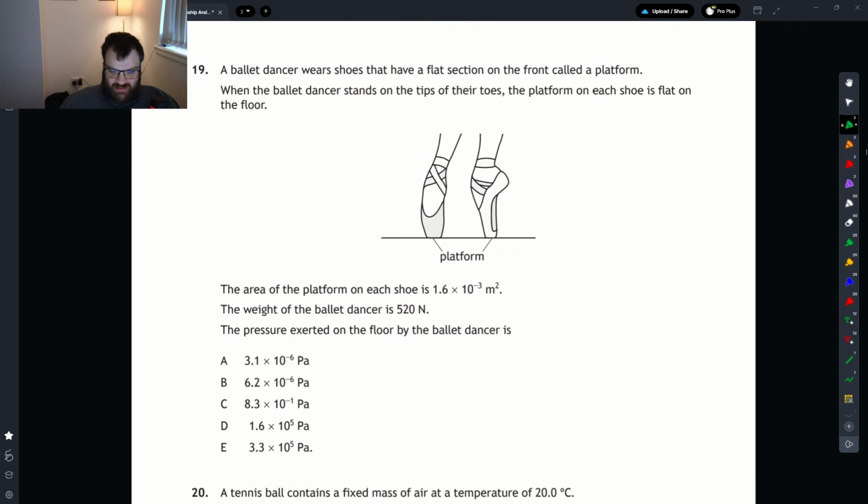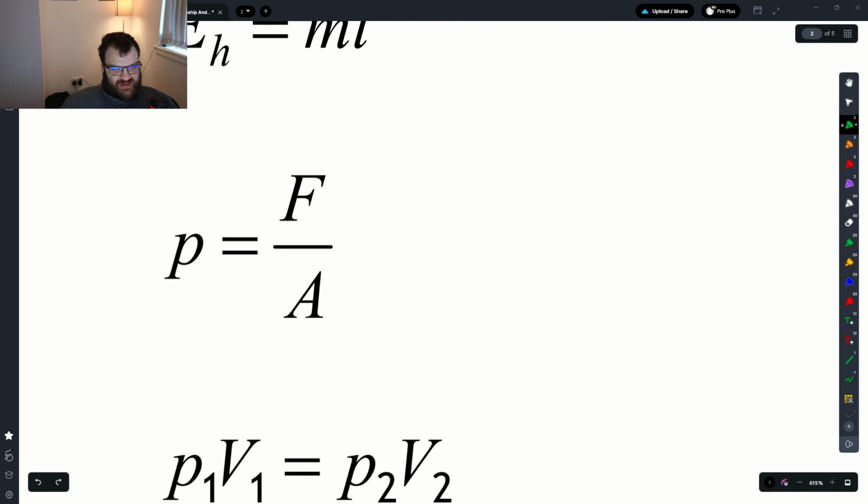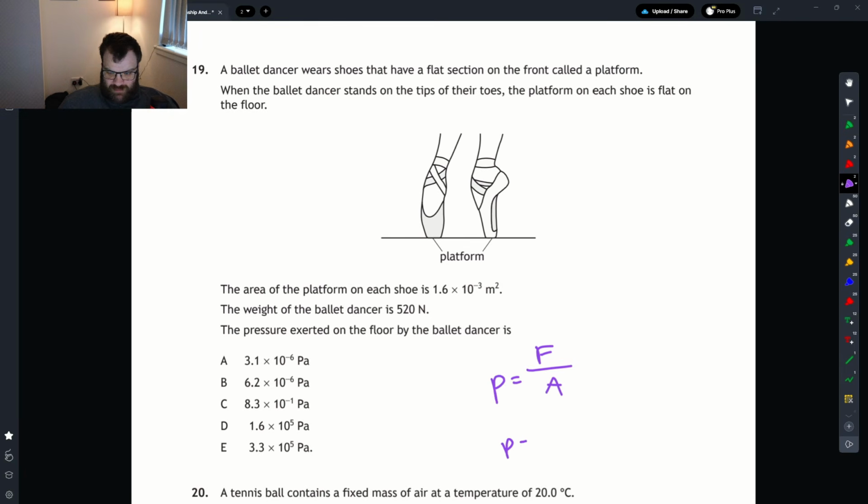Moving on, we're talking about pressure. Pressure, weight, area. That's looking like P equals F over A. Now, we're working out pressure. The weight, the force downwards is 520. Now, importantly, it says the area of the platform on each shoe is this value.